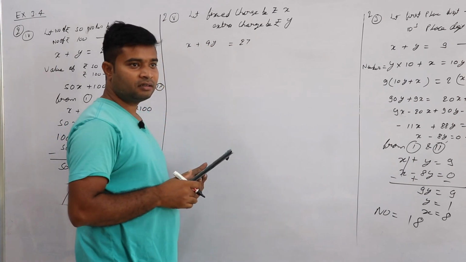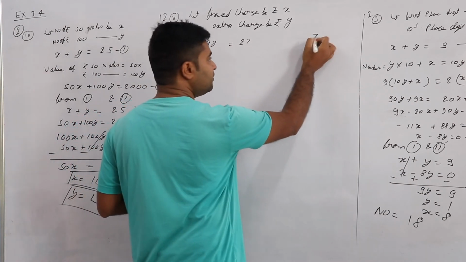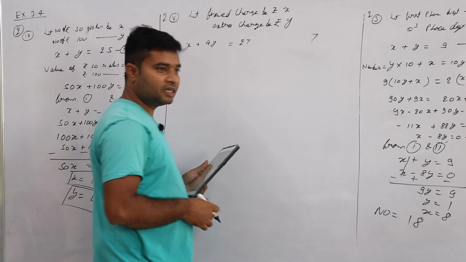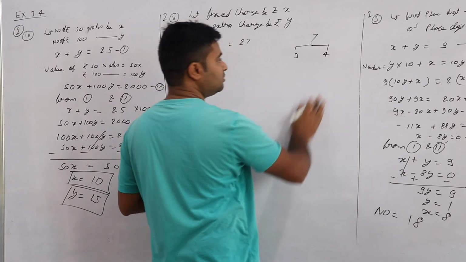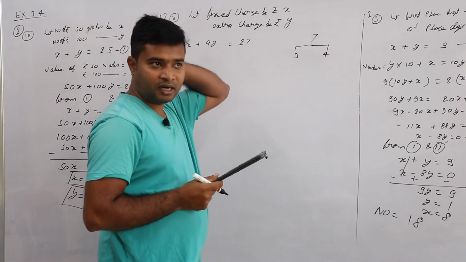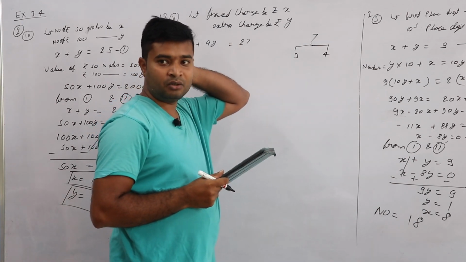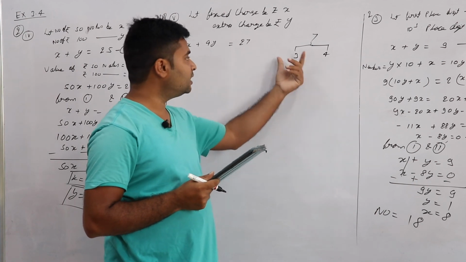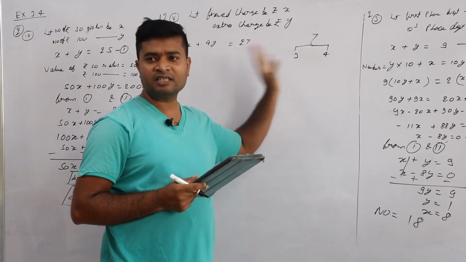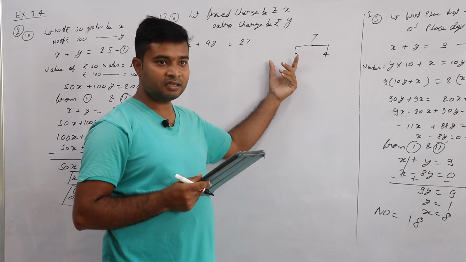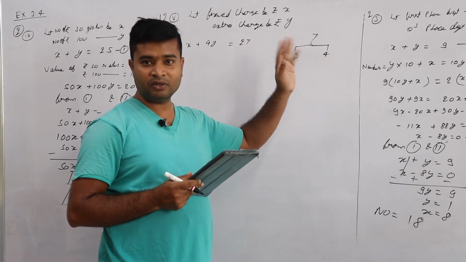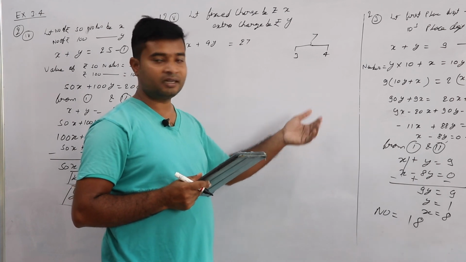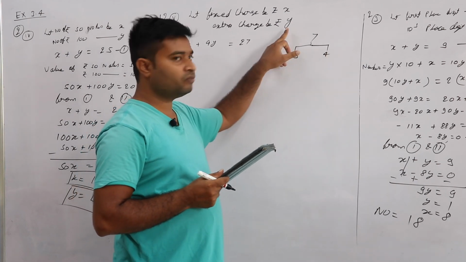Total days is 7, divided into two parts, 3 and 4, because the question says the first 3 days are a fixed charge and the next 4 days carry another charge calculated every day. So every day we assume rupees y.